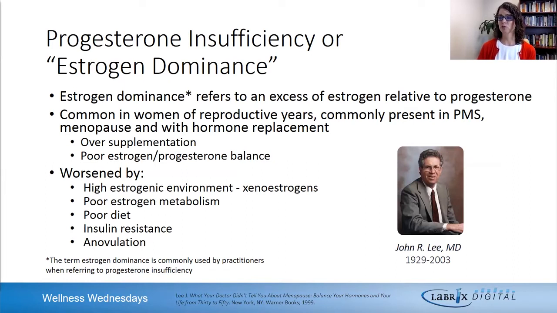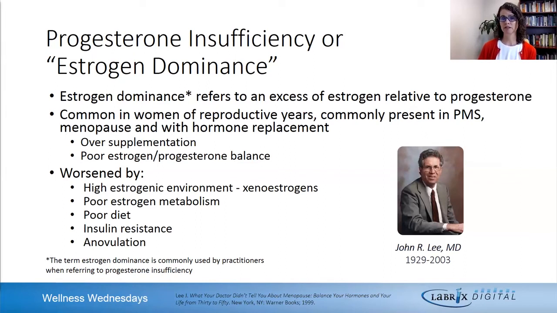So he worked with a lot of women and felt that the ongoing issue for so many women was that there wasn't enough progesterone in their body to counterbalance the effects of estrogen. And he found that these effects were worsened by what are called the xenoestrogens, which are the synthetic estrogens in our environment.